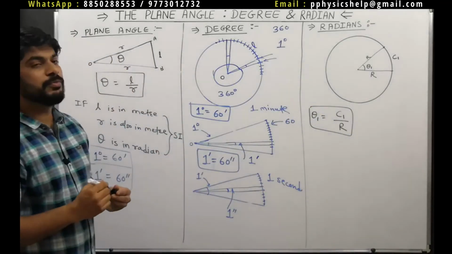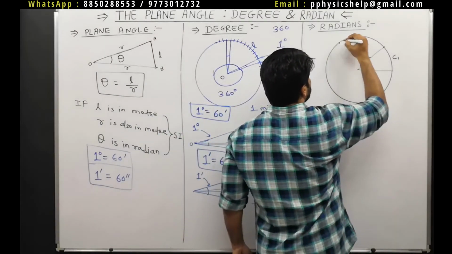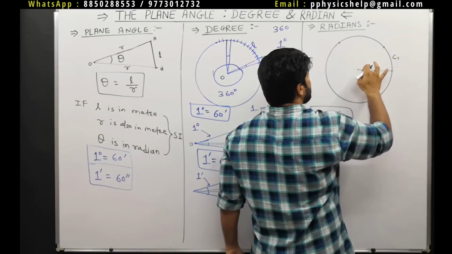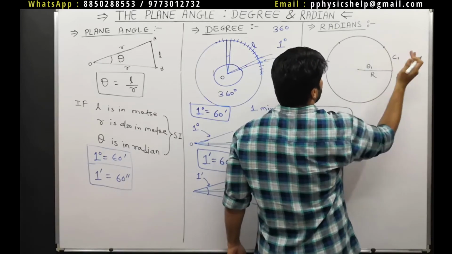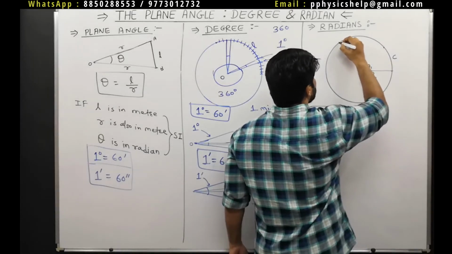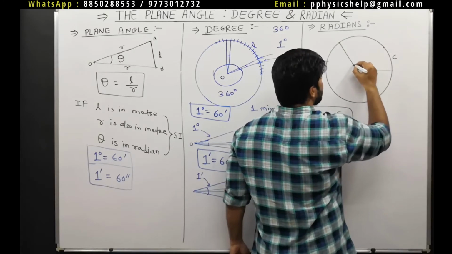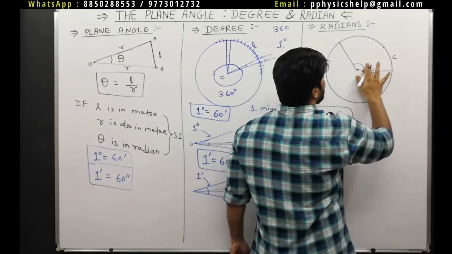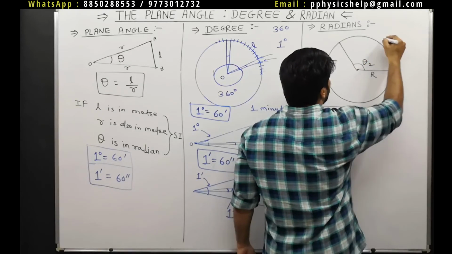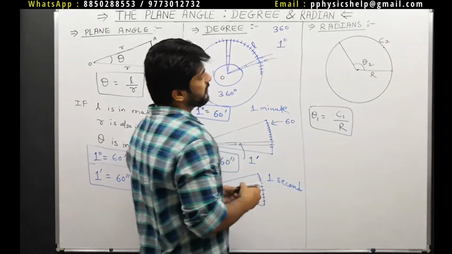Now we move on. Let's say we have increased the length of the arc from here, and now you can see this arc subtends an even bigger angle. Let's call this angle theta 2, and let's say the arc length is C2.